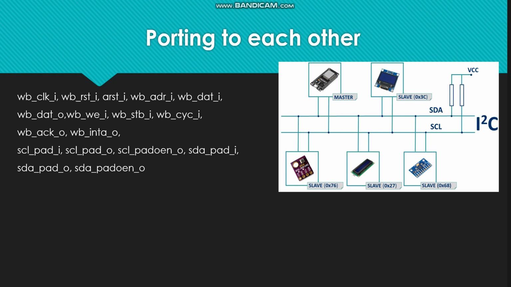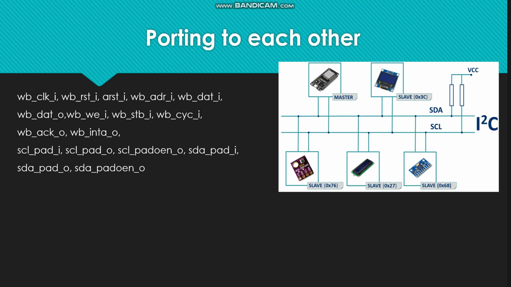First of all, I will say how those signals work in Wishbone, and then how they could be written in Avalon. Yes, WB_RST_I, we see it here. The I2C controller is an asynchronous reset device.